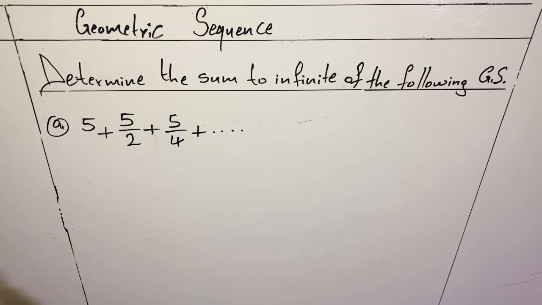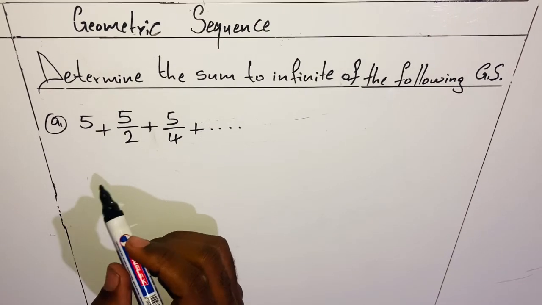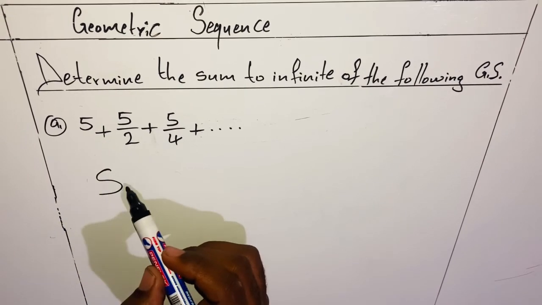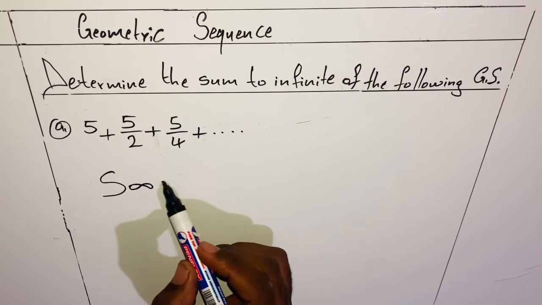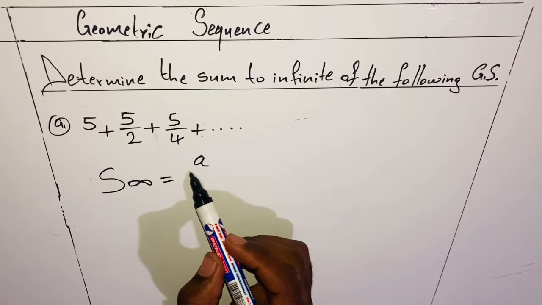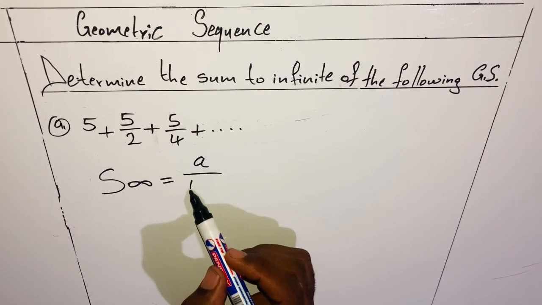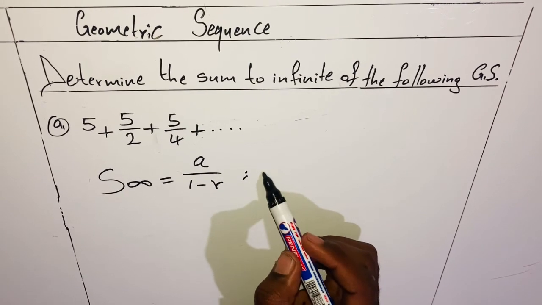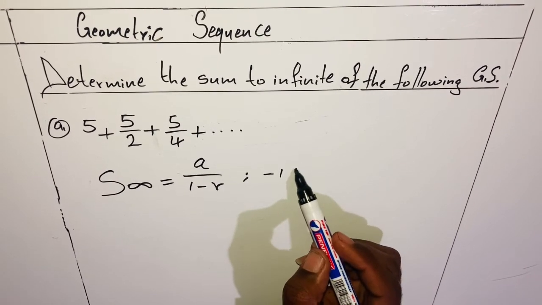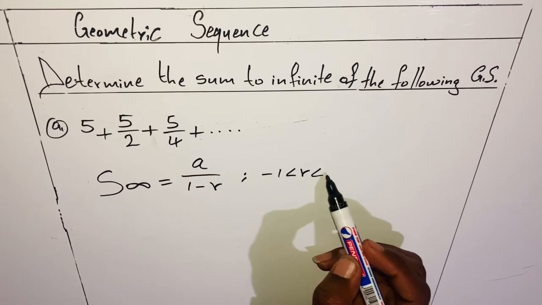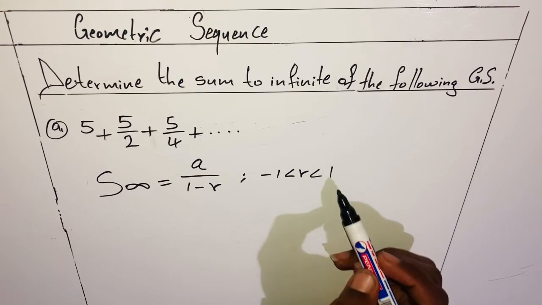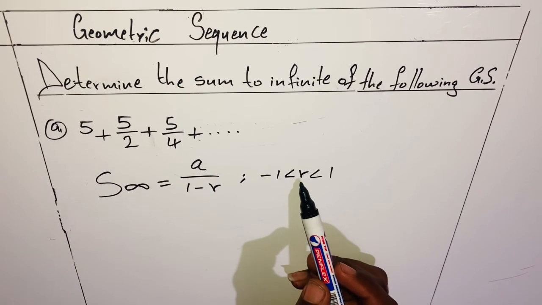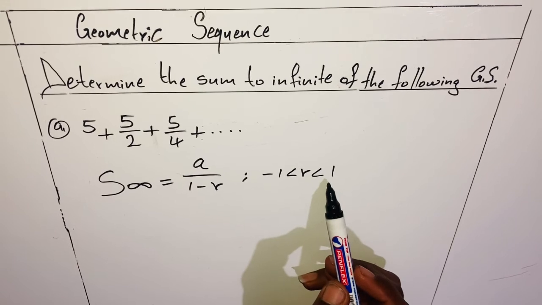So we have to find the sum to infinity, knowing that our formula for the sum to infinity will have an a over 1 minus r, and we have to take note that the sum to infinity only exists on the condition that our common ratio is between -1 and 1.